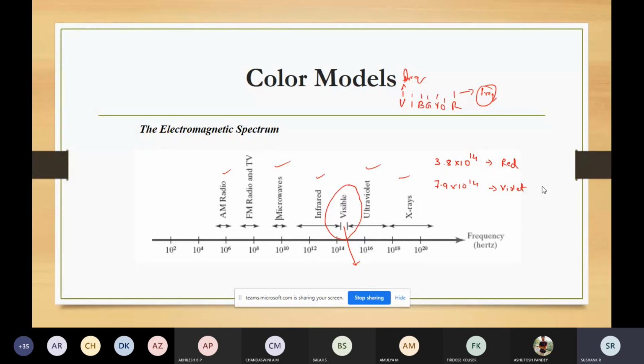In between this frequency range we have other colors like indigo, blue, green, yellow, orange. The human eye is sensitive to only these frequencies, and some part of UV and infrared the human eye can also sense, only the border part of that region.